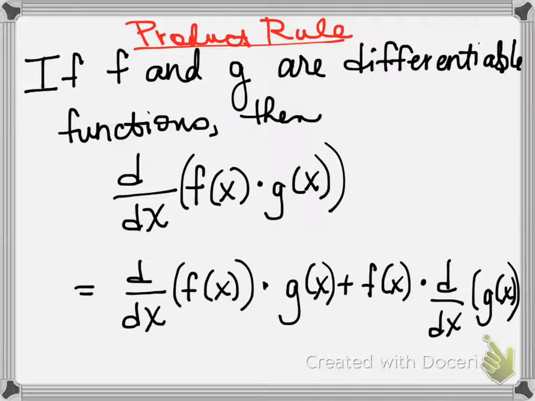So this d by dx notation might seem cumbersome. So to write it a little bit more simply, f times g prime is equal to, I can't just distribute the prime, I have to use this funny rule. F times g prime equals f prime times g plus f times g prime.